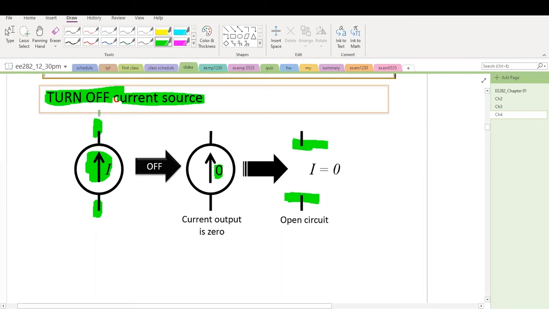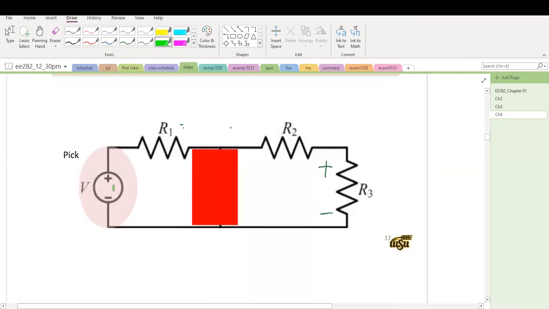So there's a terminal here. If I have A and B here, and A and B here, with nothing in between A and B, it is an open circuit. This is how we turn off or remove the current source. So let's go back to this example: this terminal and this terminal, the current source is removed. The current source is an open circuit.